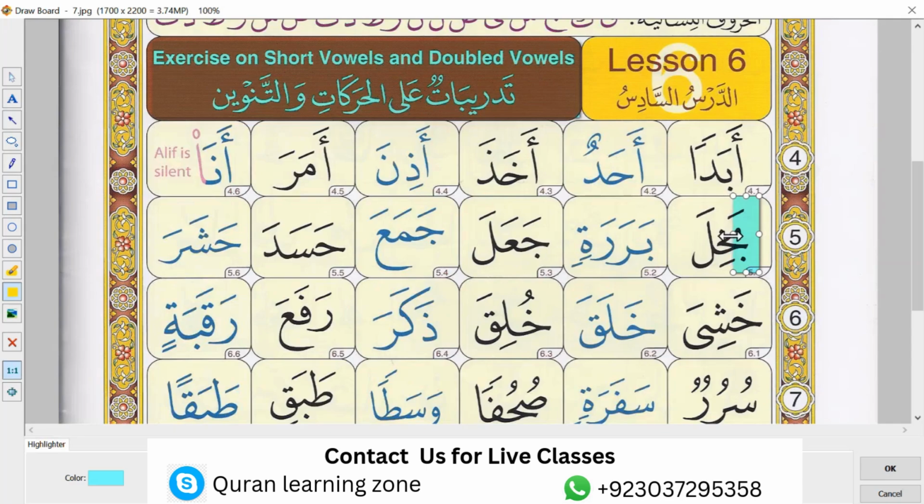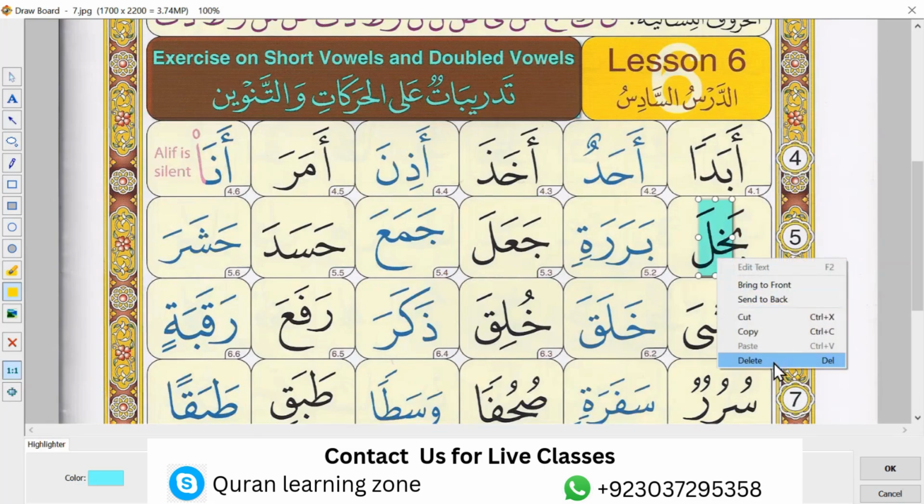The first one is Ba because you know that Ba has one dot on the bottom, and you can see on the top of Ba there is a Zabar sign. Okay, Ba Zabar Ba. And the next one is here Kha Zir Khi, Bakhi. And the third Lam Zabar La. Now you read together Bakhila. Its sound is Bakhila.